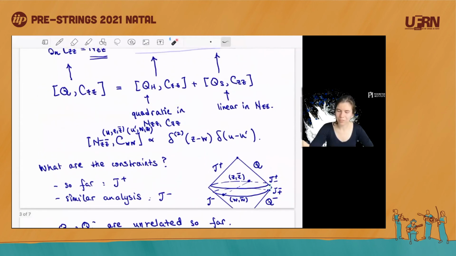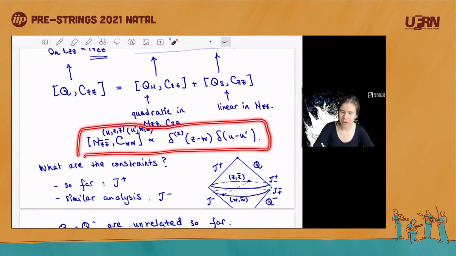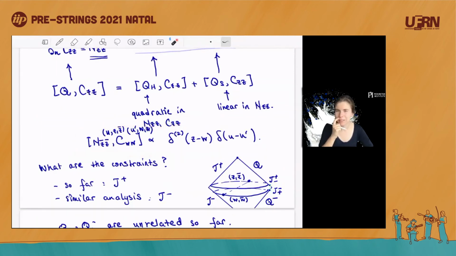Sure, I claimed that these are the commutation relations. I haven't proved them here or previously, but there are various ways in which one can show them.